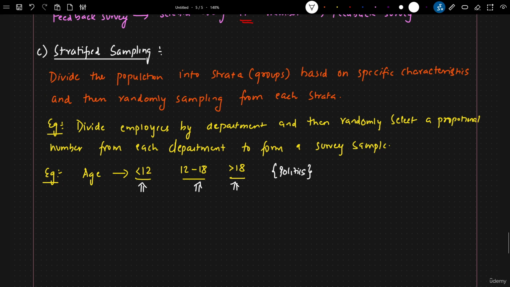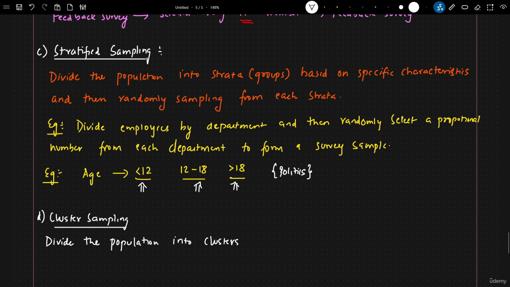The next type of sampling technique that we are going to discuss is something called cluster sampling. Now let's discuss this sampling technique. Here we divide the population into clusters.